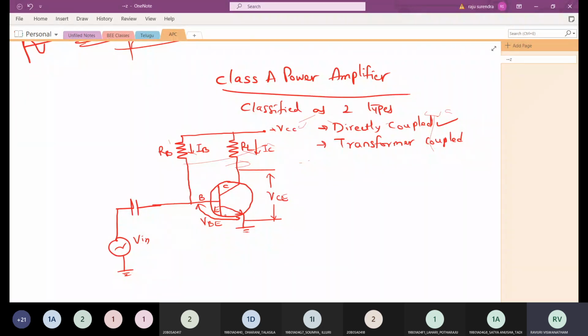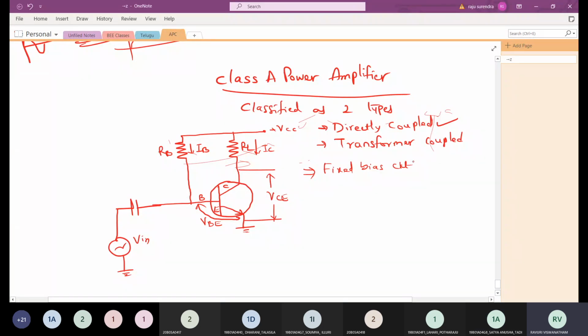I think all of you completed. Okay. And the circuit looks like a fixed bias circuit.